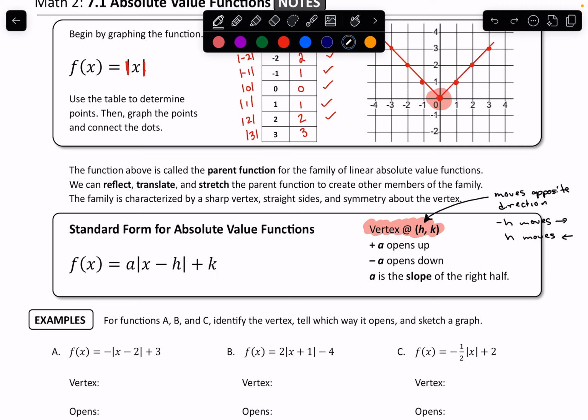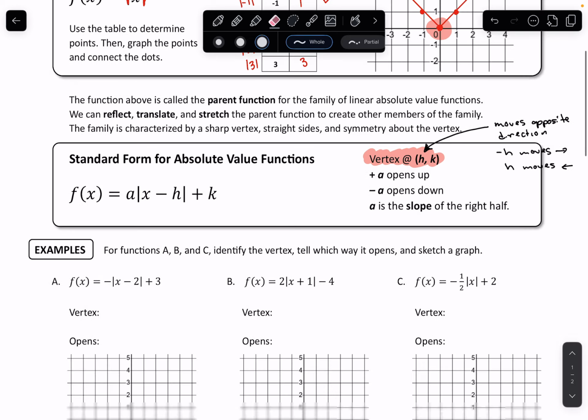It's just on the normal x-axis. Now a, if there's not a number in front, then a is just 1, which means it has a normal slope. It goes up 1 over 1 in both directions. It's not getting squished, it's not getting stretched or anything like that. It's just the regular shaped V, all right?